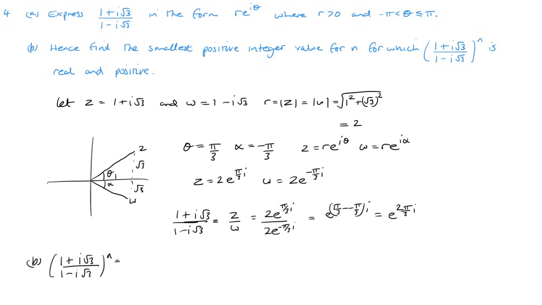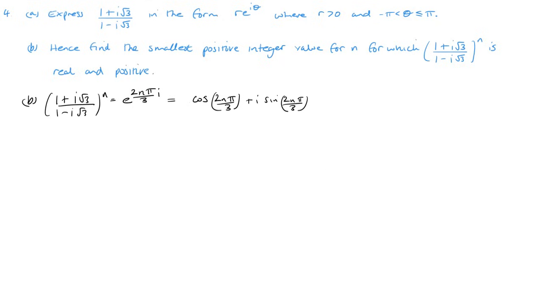So this is going to be equal to e to the 2n pi by 3i, which, if I use de Moivre's theorem, is going to be cos of 2n pi by 3 plus i sine 2n pi by 3.